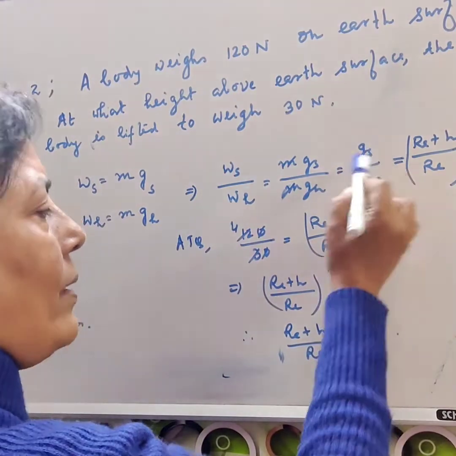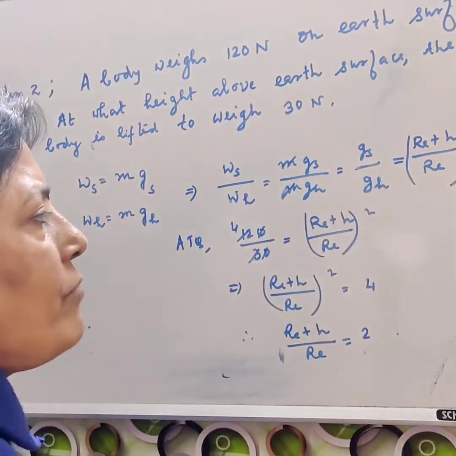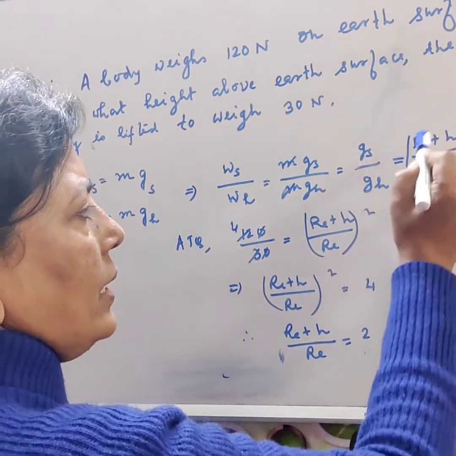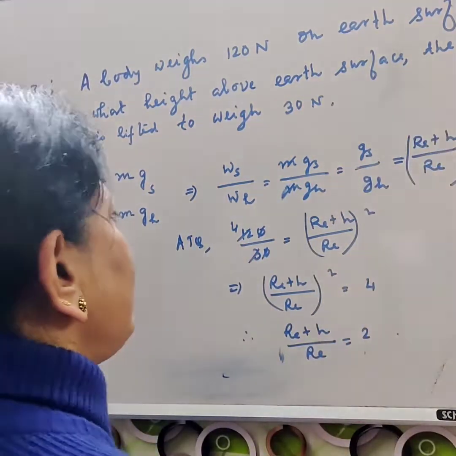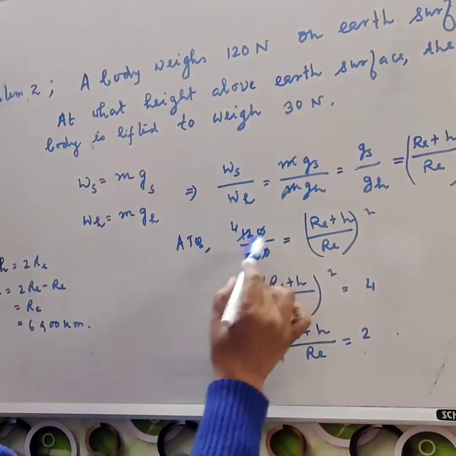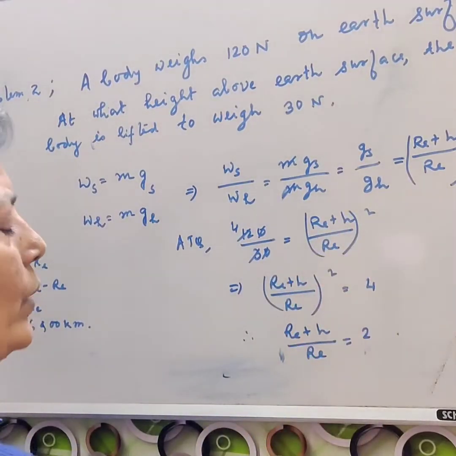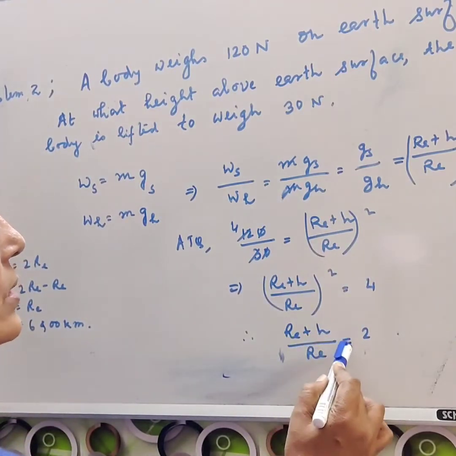Acceleration due to gravity on Earth's surface is inversely proportional to the square of the radius of Earth, and acceleration due to gravity at an altitude is inversely proportional to the square of radius plus h, and so you can write 120 by 30, that is 4, is equal to (RE plus h) by RE whole square. By square rooting, we can write (RE plus h) by RE is equal to 2.